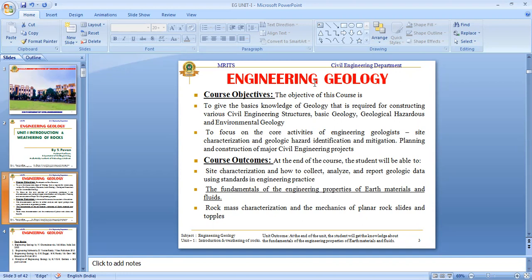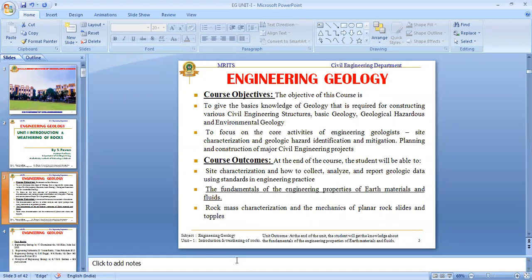If you look at the course outcomes, it will be site characterization: how we have to collect, analyze, and report the geological data in order to use in civil engineering practice. That will be discussed in this subject, and we have to know the fundamentals of engineering properties of earth materials.